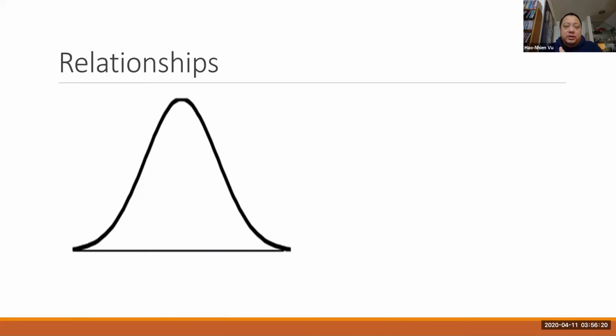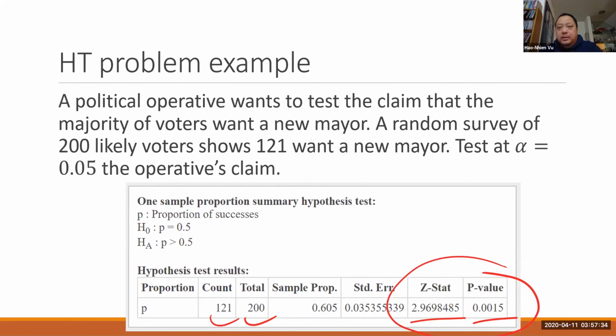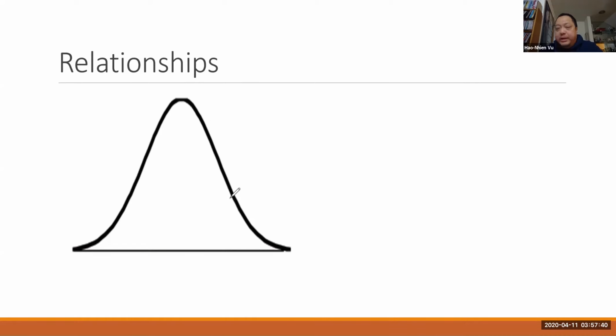So here are the relationships. First of all, the HA, the alternative hypothesis, tells us what tail is the test. In this case, if you look back, the HA has a greater than symbol, so it's a right tail test. So everything is happening on the right side of this curve. Right off the bat, we're told that alpha is equal to 0.05.